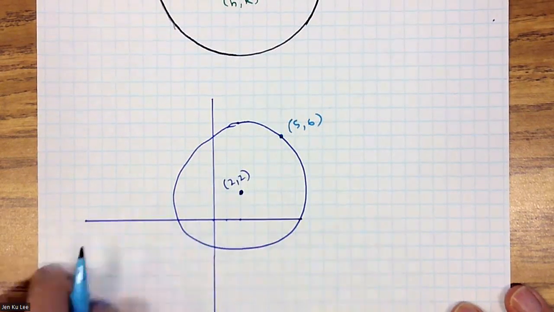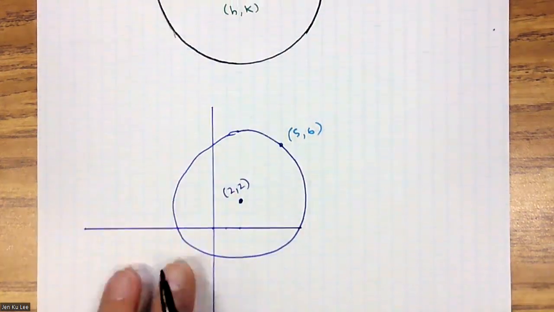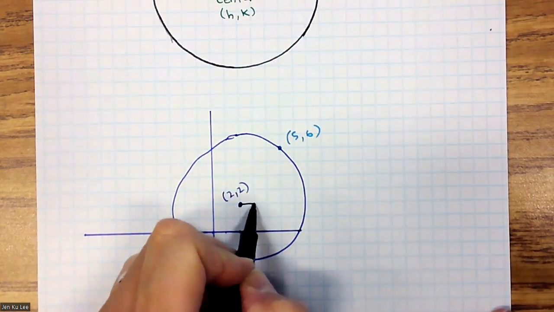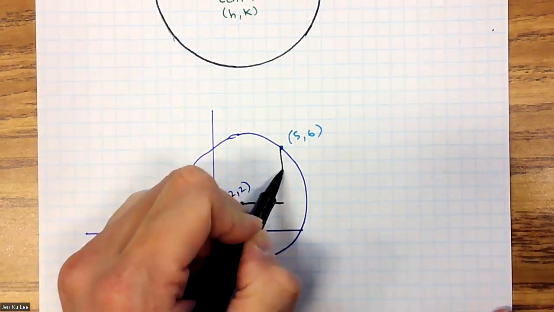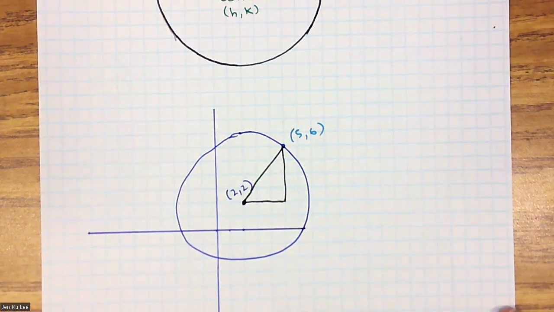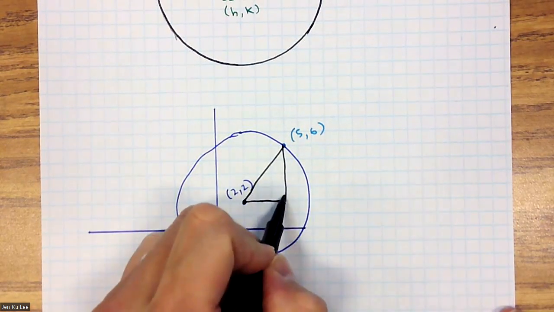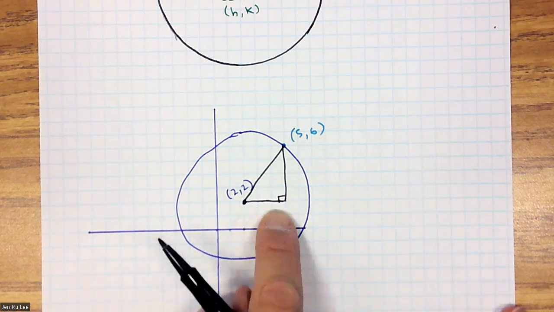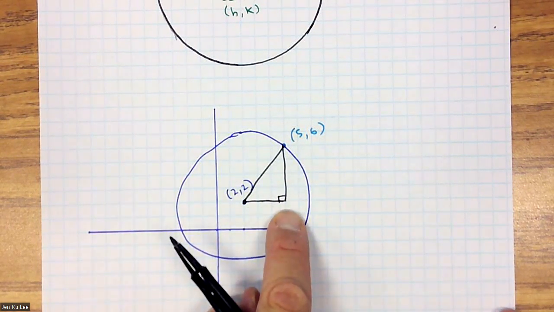Okay. So if I make that same right triangle that we have up there, I have this, correct? So this distance here, again, is 3. 1, 2, 3. Correct?